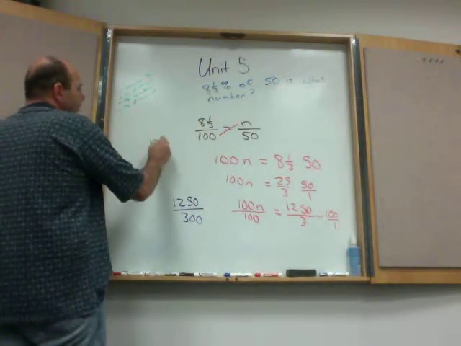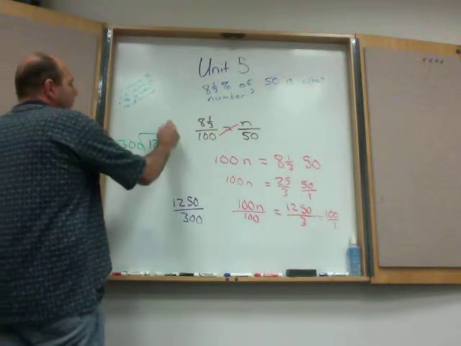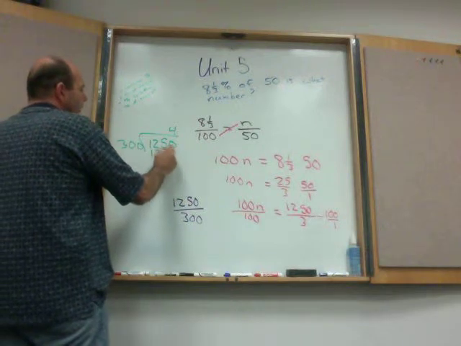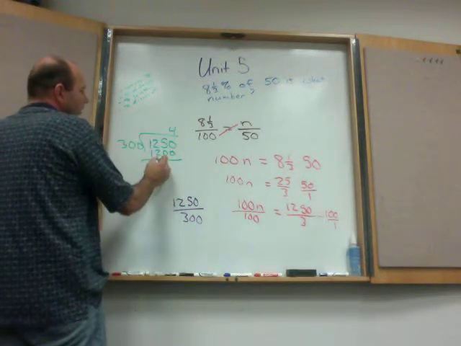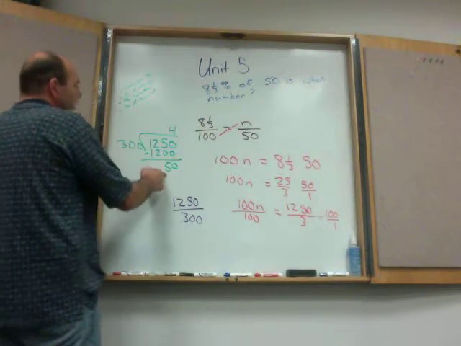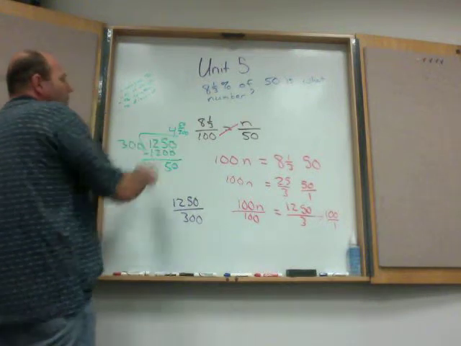So 300 times 4 would give me 1200. And I have a remainder of 50. This 50 is still being divided by 300, which of course will reduce.